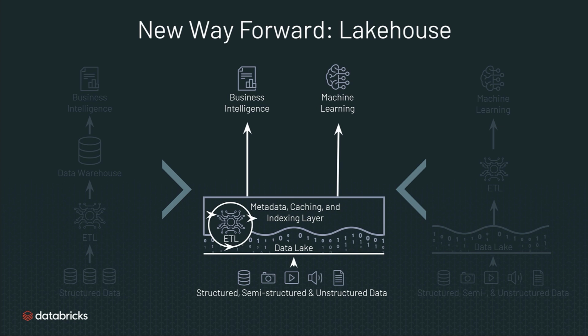So when you merge these ideas into one single system, it means that data teams can move faster because they can use data without accessing multiple systems. And teams also have the most complete and up-to-date data available for these different use cases.